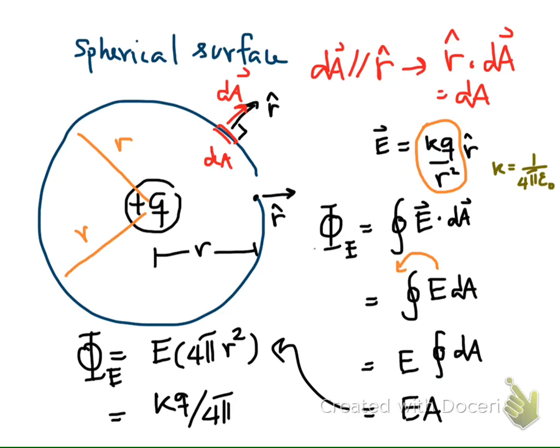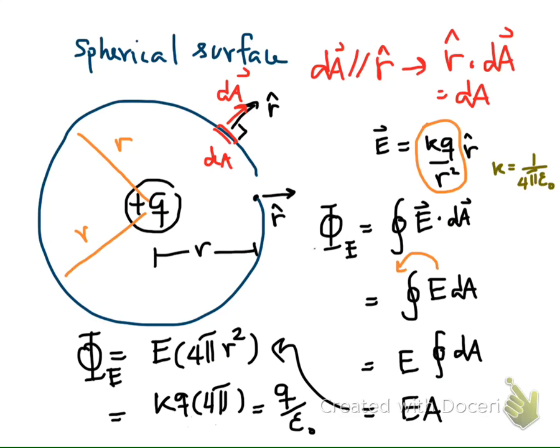It means that if I substitute K, the electric constant, into this equation, I will have Q over epsilon 0.